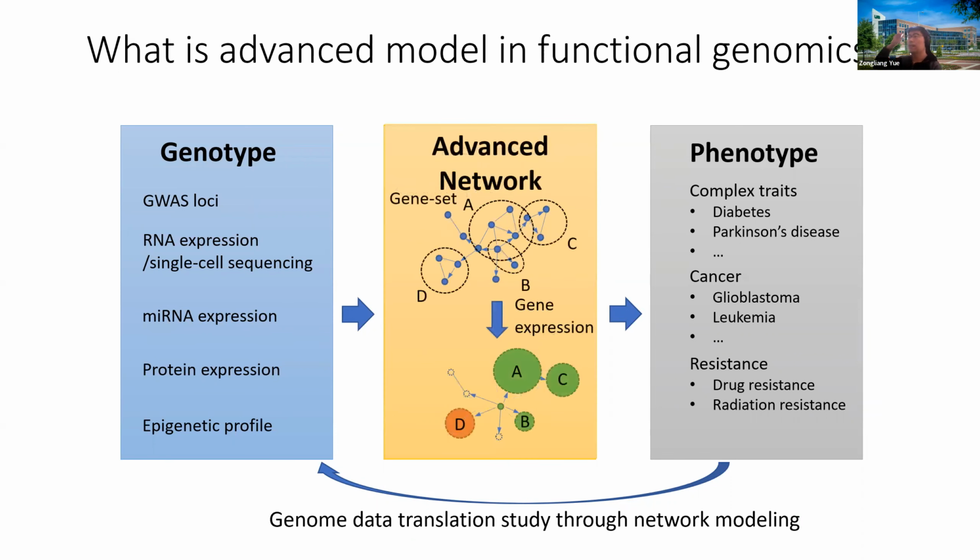The advanced network will consider those genes not as isolated, but also as working in prior knowledge groups. For example, gene sets A, B, and C will also have certain overlaps. The genes can highlight different functions, and therefore we can generate higher-level information, like gene set crosstalk regulations in advanced network modeling.